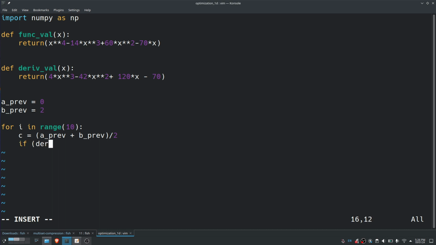If the derivative at C is greater than 0, what is A previous equal to? Do I need to change A previous? Yep.